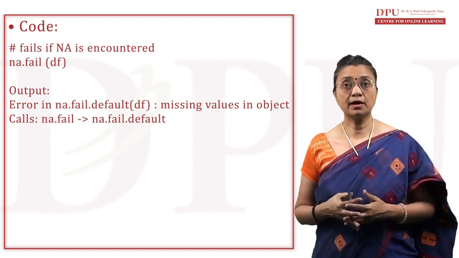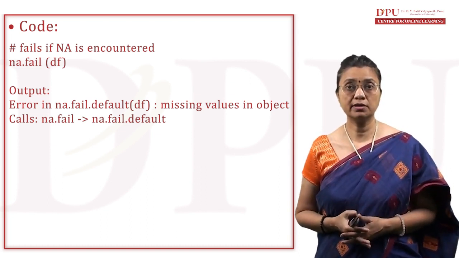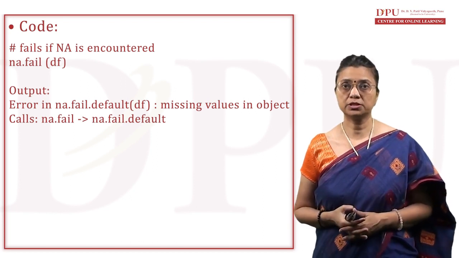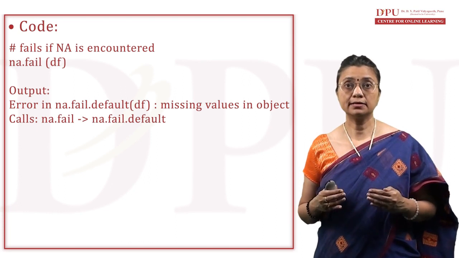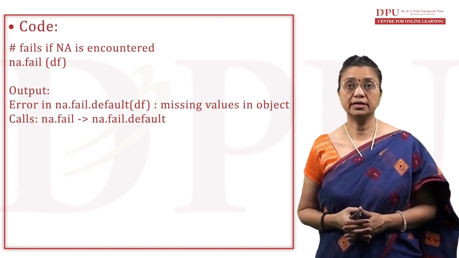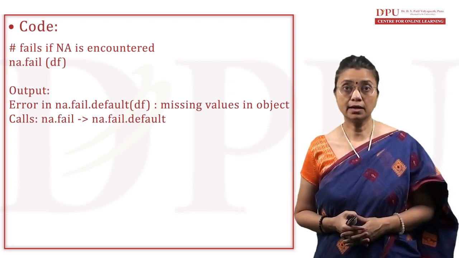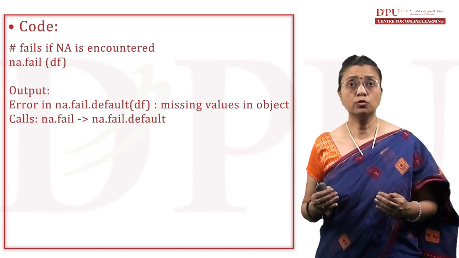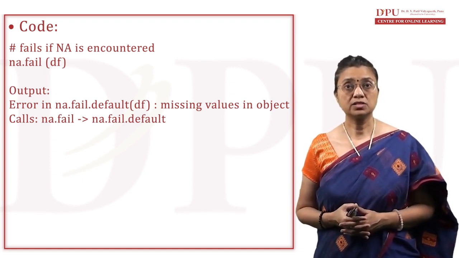And I can see the output: error in na.fail.default, missing values in object. So if I call na.fail, I get a suitable error message on the screen, which means an NA value is encountered. In case I don't want even a single NA, I am displaying that on the screen.